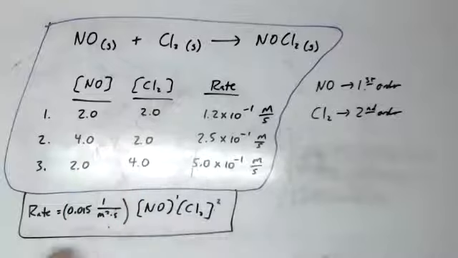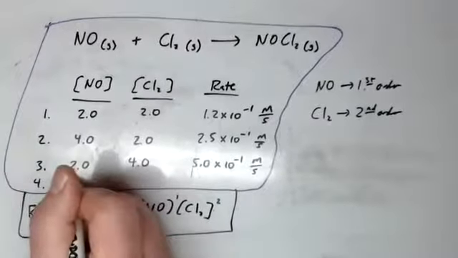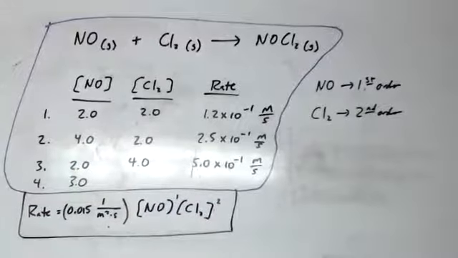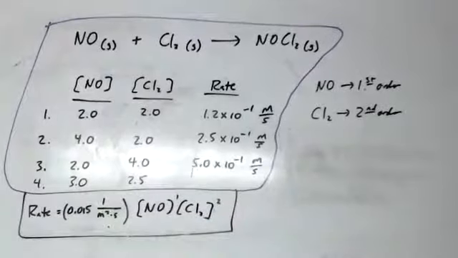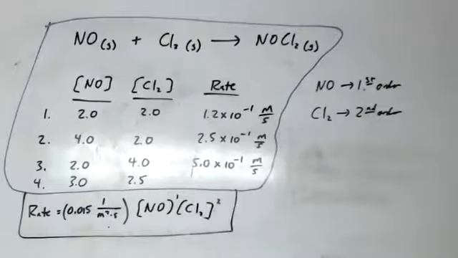But now that we've done that and constructed a rate equation, we can now solve for the hypothetical rate for any given concentrations. So let's say I want to do an experiment 4 here. And let's say I want to have a concentration of 3.0 molar in NO and 2.5 molar in Cl2. I'll give you a second here. See if you can calculate what this rate should be, given our rate equation.